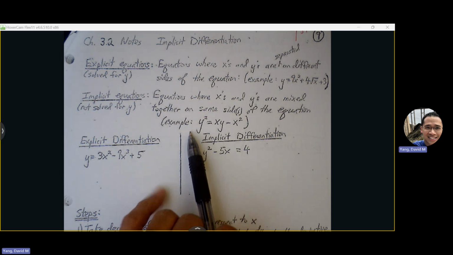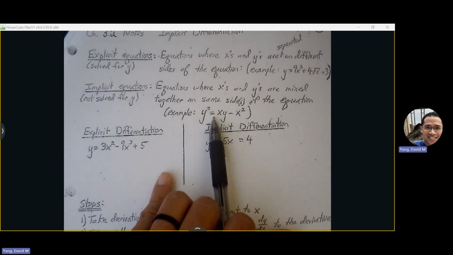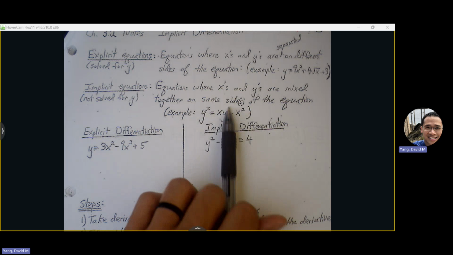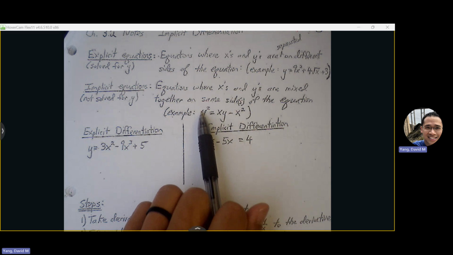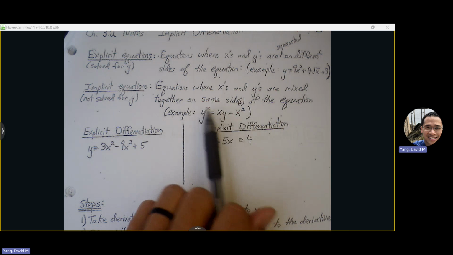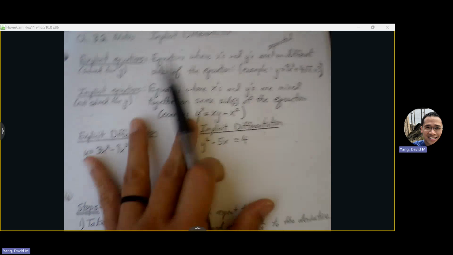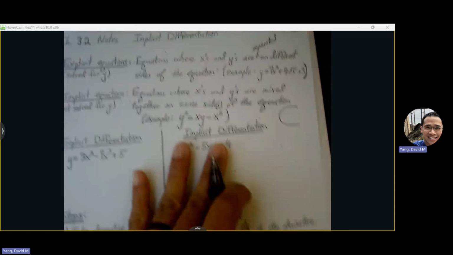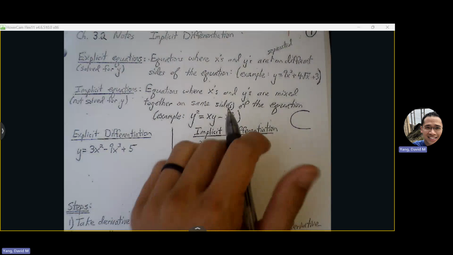For instance, if I had an equation like y squared equals xy minus x squared, this looks a little bit different than what we've seen before, because one, we have multiple y's, and second, even if we didn't have multiple y's, there's y squared. Typically, you may have an equation that doesn't pass a vertical line test.